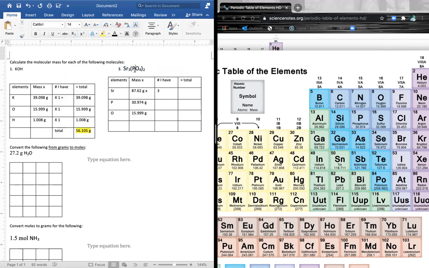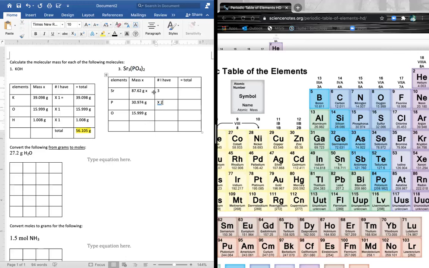So notice here we see no number next to the P, and next to the O we see a 4. So remember, if there's no number next to it, it means there's a 1 there. So we need to take this 2 times 1. So 2 times 1 is 2. So that means this chemical compound actually has 2 of these.